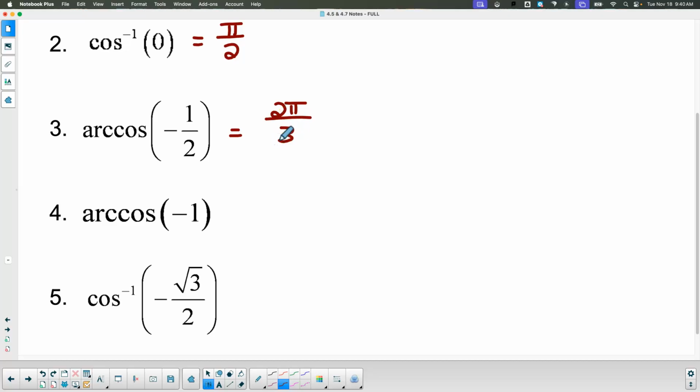Top half, cosine equal to -1. That's at pi. Top half, cosine equal to negative square root 3 over 2, 5 pi over 6. Yes?